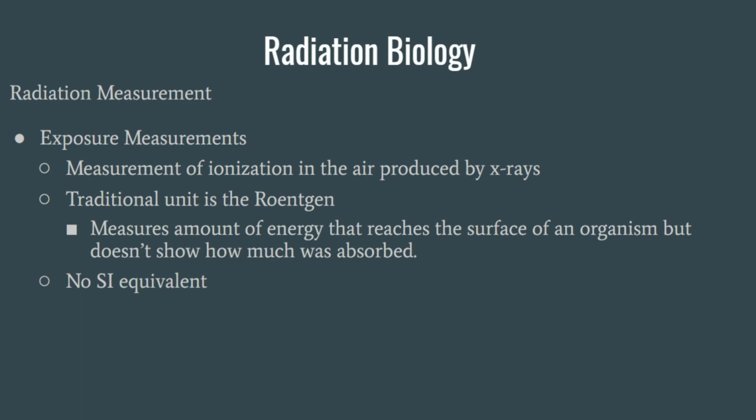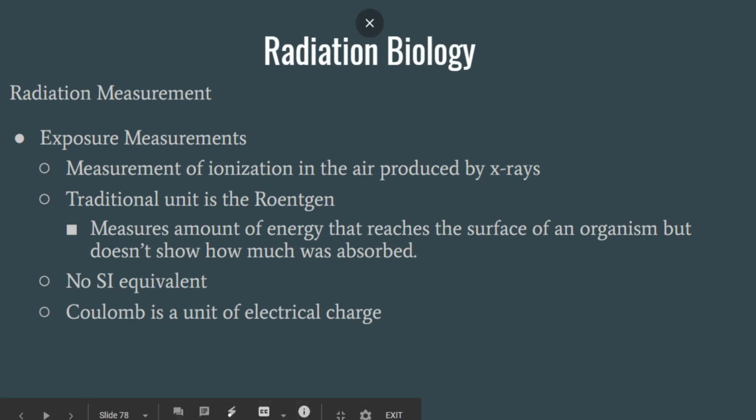There is no SI equivalent to the roentgen. So the roentgen kind of stands alone in the way that it measures radiation. So with the SI system, what is used? This is where the coulomb per kilogram comes in. So first we need to understand that a coulomb is a unit of electrical charge.